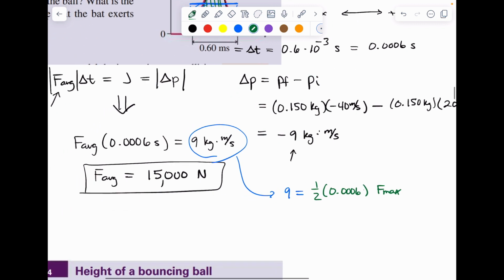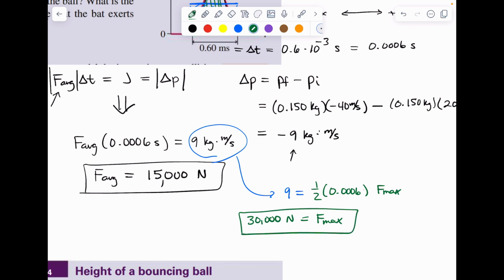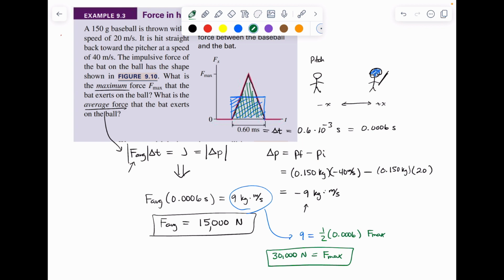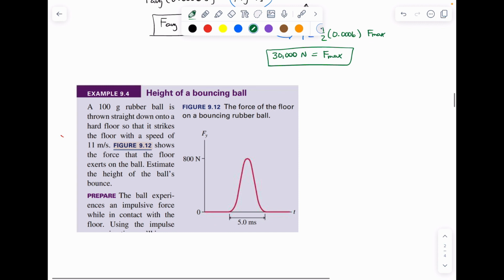But notice, we already did 9 divided by 0.0006, that was 15,000, and now we're just multiplying by 2. So really, the maximum force is just twice the average force. That's not always true, but it was true in this very simplistic case, right? It's kind of an interesting problem. All right, let's keep going.